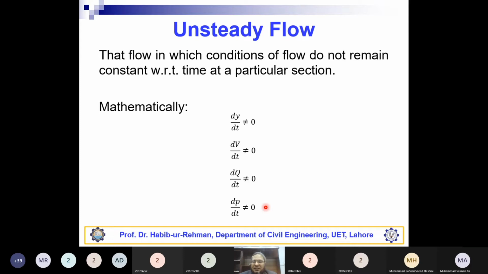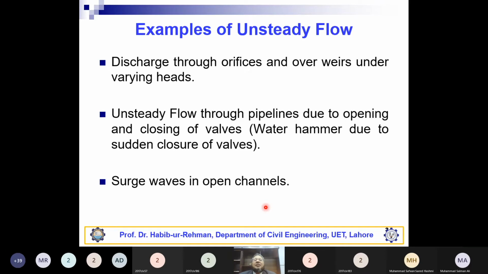So this is all about unsteady flow. Now, what are the various famous or very important examples of unsteady flow which we would like to study in this chapter? Those examples are three, which we will, inshallah, cover in this chapter.